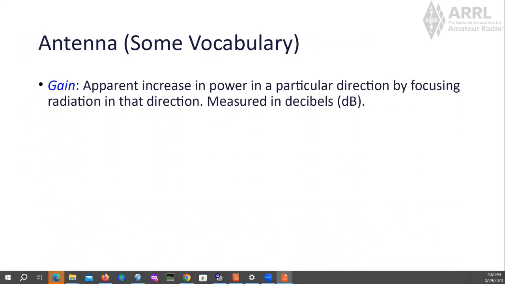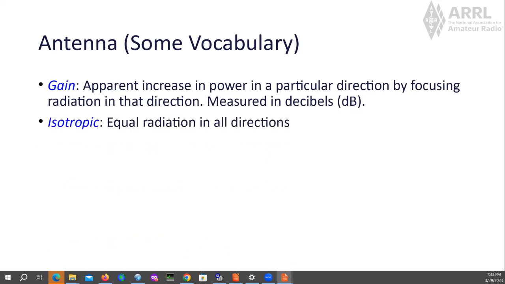Antenna, some vocabulary. Gain: apparent increase in power in a particular direction by focusing radiation in that direction. This is measured in decibels, which is a logarithmic term.